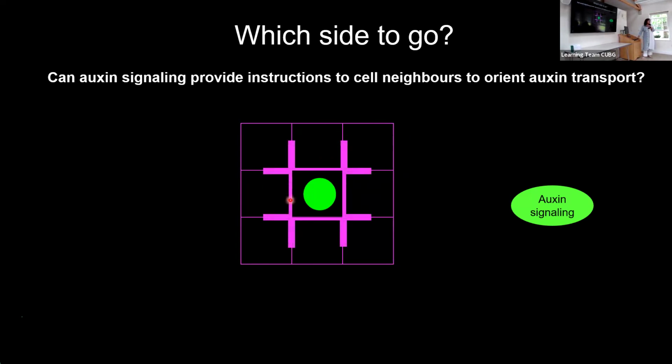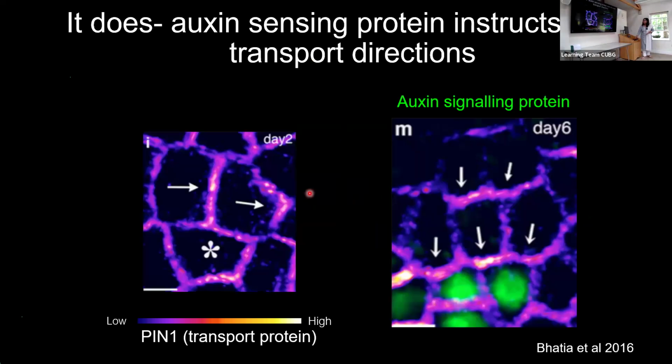This is like a proxy of high auxin concentration itself, because if the auxin signaling protein is active, there is auxin in this plant cell. And indeed, this did happen.